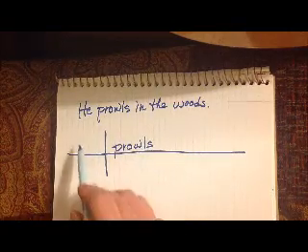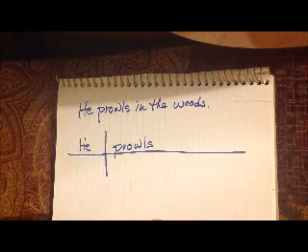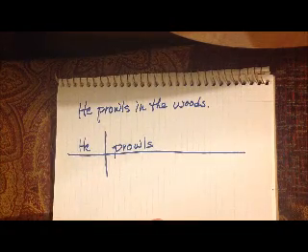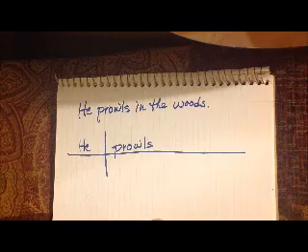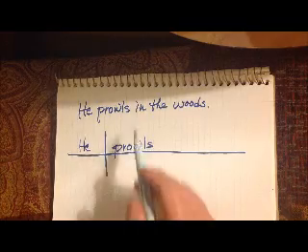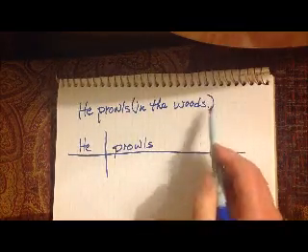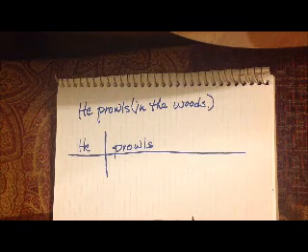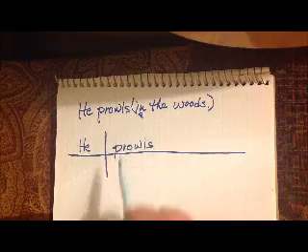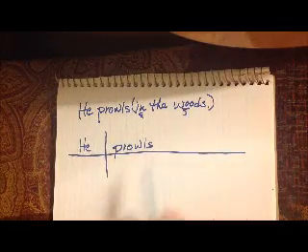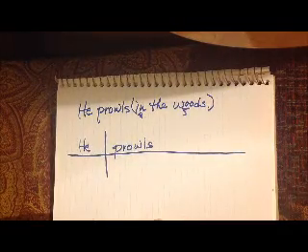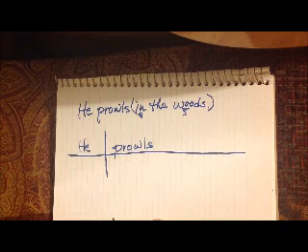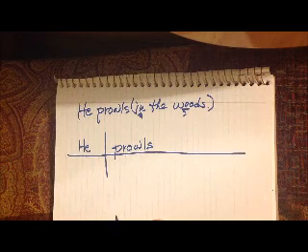Who prowls? He prowls. He prowls what? There's no answer to that. There is an answer to he prowls where. In the woods is a prepositional phrase. In is the preposition. Woods is the object of the preposition. What am I going to do with that little phrase? Well, it acts as one part of speech.